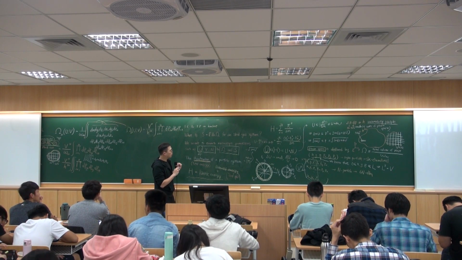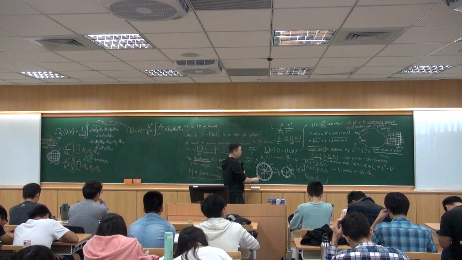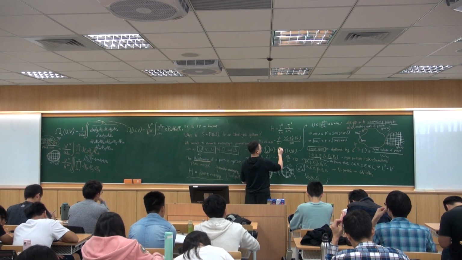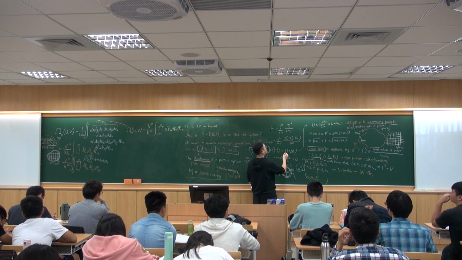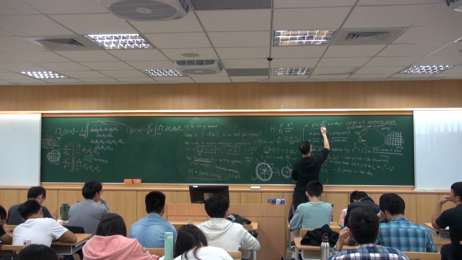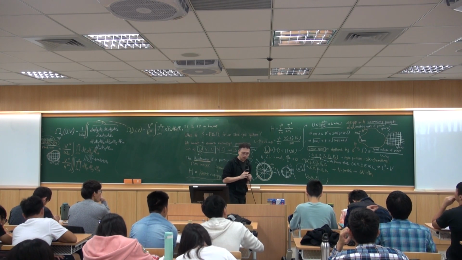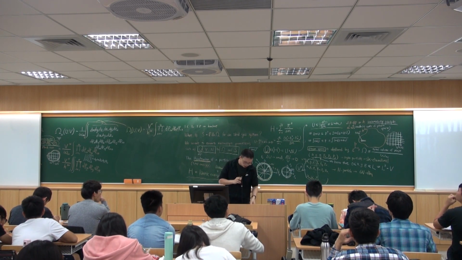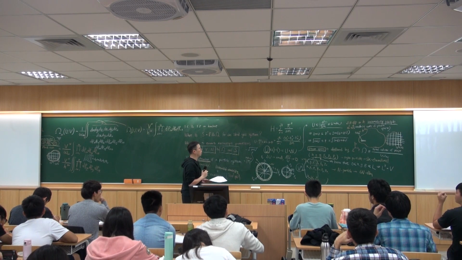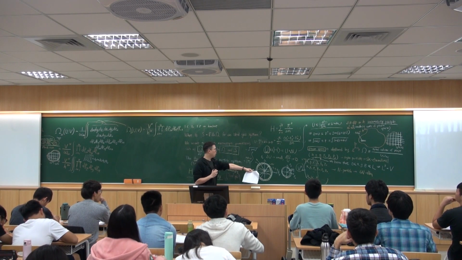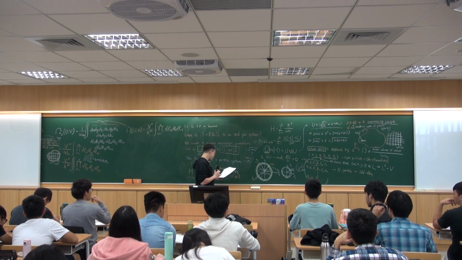And the constraint is already stated over here: P squared over 2m should be in between U and U plus delta U. So that's the region over here.